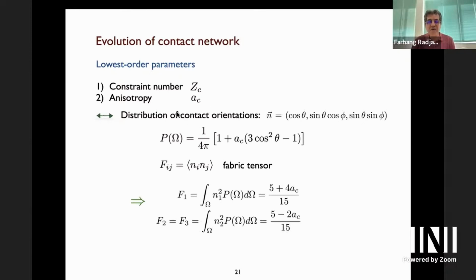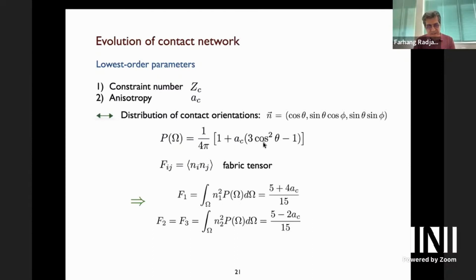As everyone knows, the anisotropy of granular materials, when subjected to well-defined homogeneous boundary conditions, is generally very well approximated by spherical harmonics. So the distribution of the orientations, omega, of contacts, or the vectors joining neighboring particle centers, can be quite well approximated by this.